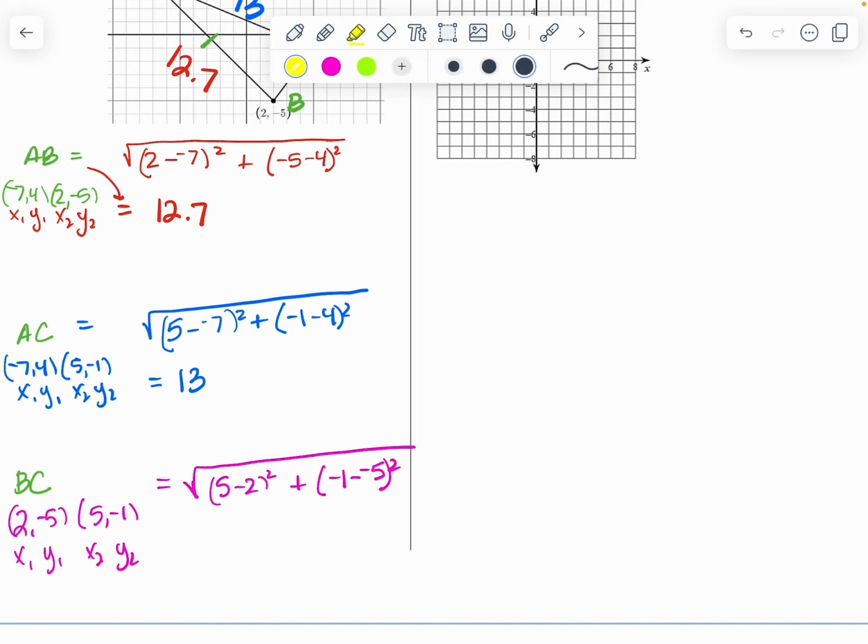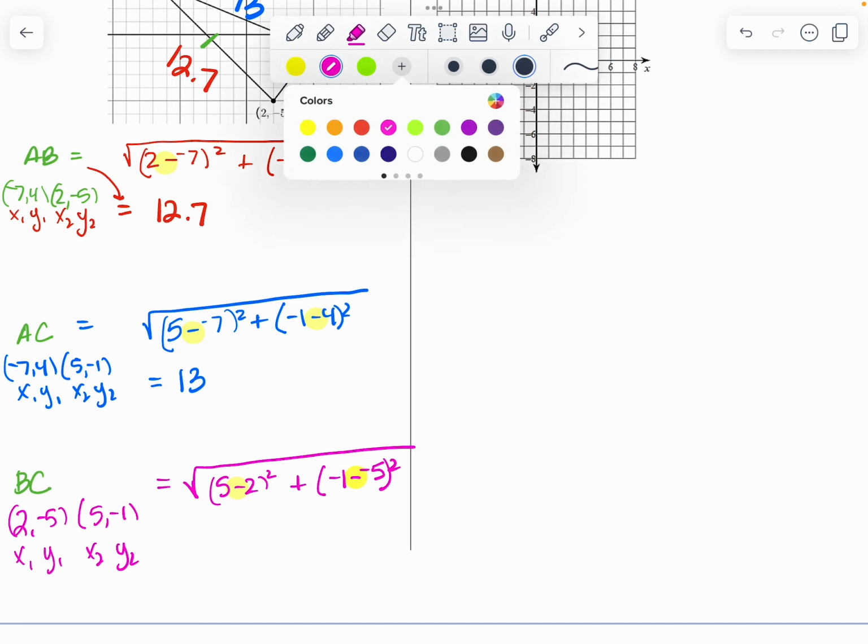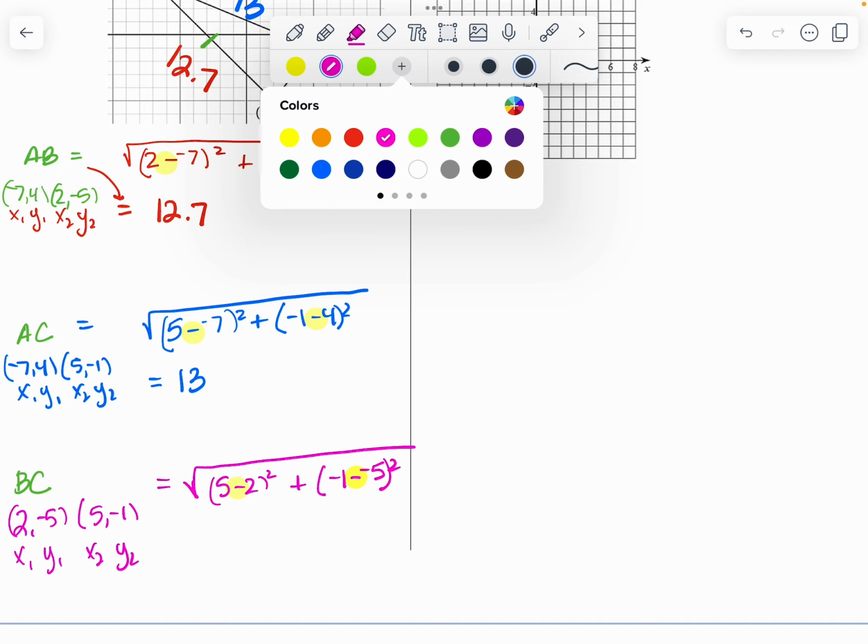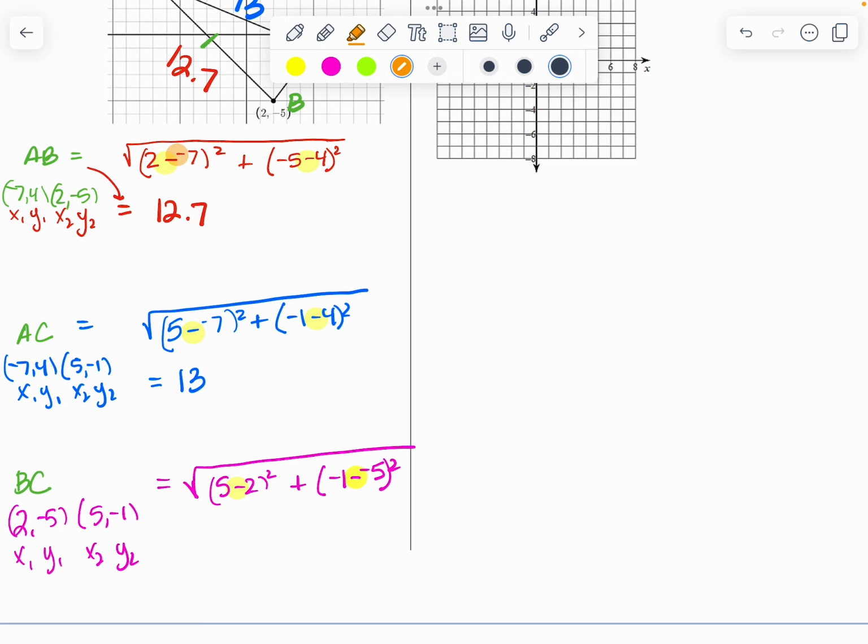Don't forget as you're doing this that this negative is always here. Sometimes the number has a negative, which means you get a second negative, but make sure that there's always at least one. So the square root of all of that is the square root of 25, which is 5.